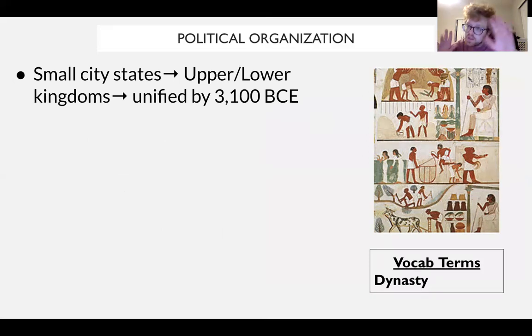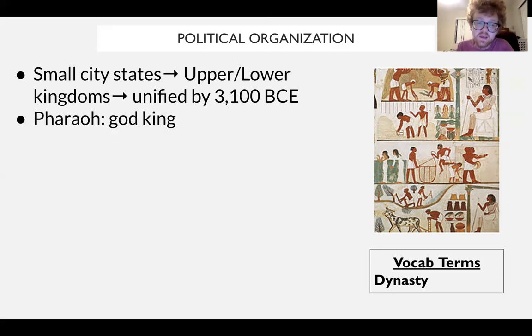But eventually, under the leadership of Menes I, we are going to see the unification of Egypt into one kingdom led by one dude, and that dude's name, or dudette, because there have been several female pharaohs, is the pharaoh.